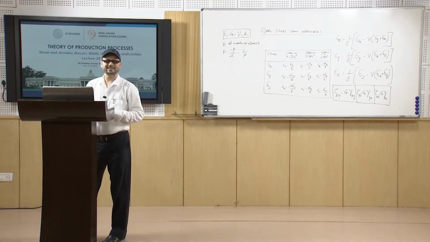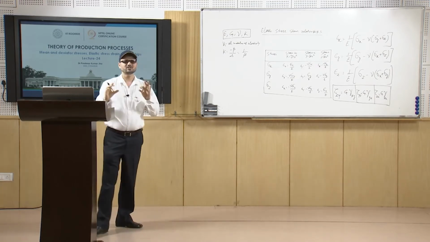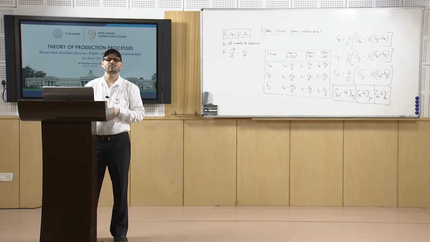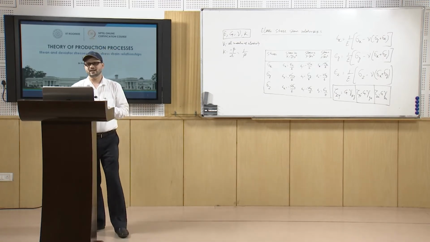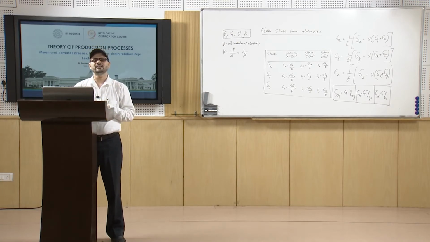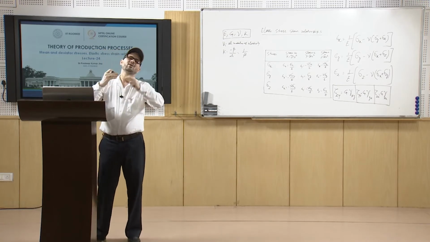What we see is that sigma x plus sigma y plus sigma z, that we know, is epsilon x plus epsilon y plus epsilon z, which you get as (1 minus 2 nu) by E into (sigma x plus sigma y plus sigma z).